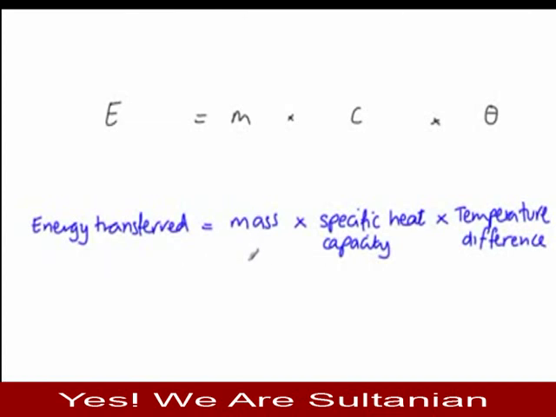So in terms of mass, the unit is kilograms. The specific heat capacity is in joules per kg degrees Celsius, and the temperature difference is in degrees Celsius. Energy transferred, you might have picked up from the previous slide, is measured in joules. Okay, so they will give you this formula, but you need to know what each of the units are for each, and you need to know how to use it.